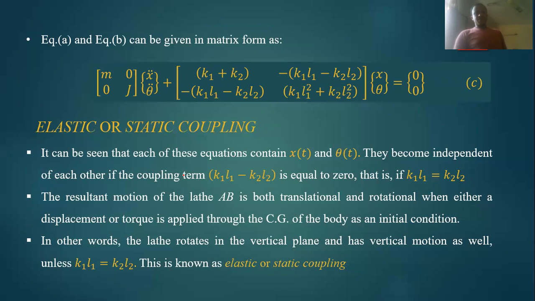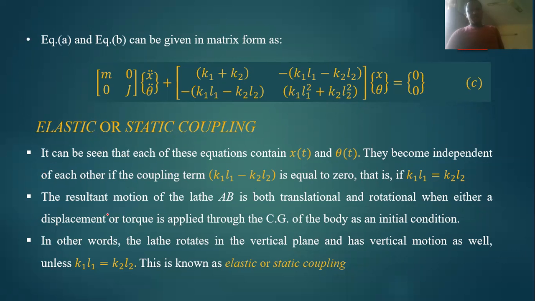It can be seen that each of these equilibrium equations contains x of t and theta of t. These coordinates become independent of each other when the coupling term K1 L1 minus K2 L2 is equal to 0. If K1 L1 and K2 L2 are the same, then it is decoupled.